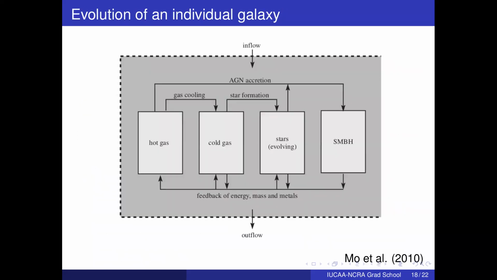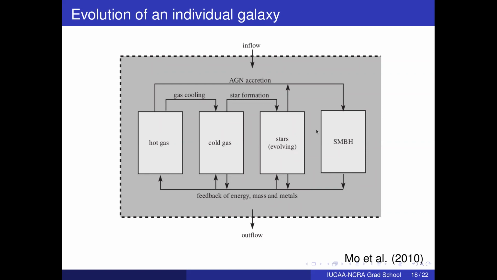If you look at an individual galaxy, you can think of the interplay between the various components in the following way. There is hot gas that may undergo cooling, become cold gas, and that cold gas may give rise to stars. The stars themselves may evolve.